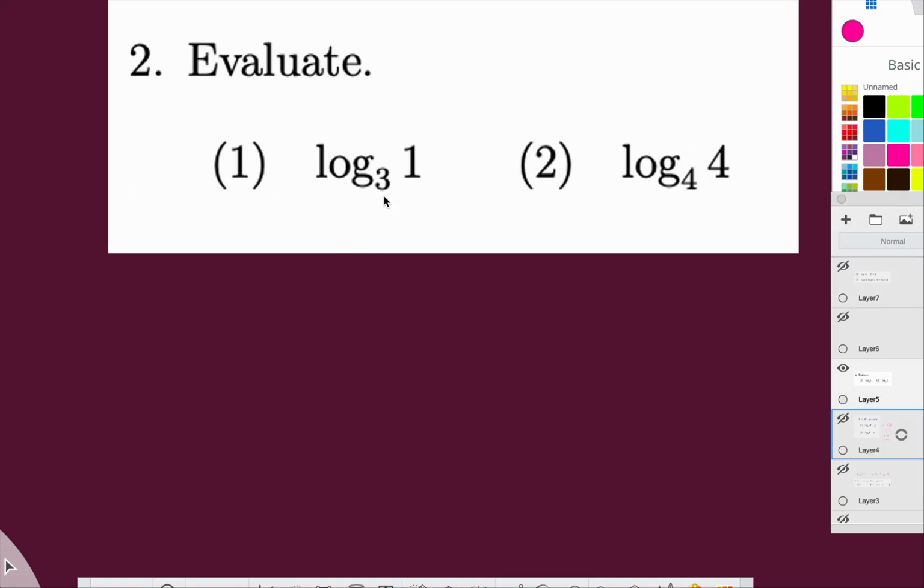Here we go. Evaluate these. And so you could do the same thing with these. These are dreadfully easy. You could actually write them in exponential form. You could say that 3 to some unknown power, give it a variable if you want, is 1. Well, we know that x is 0.